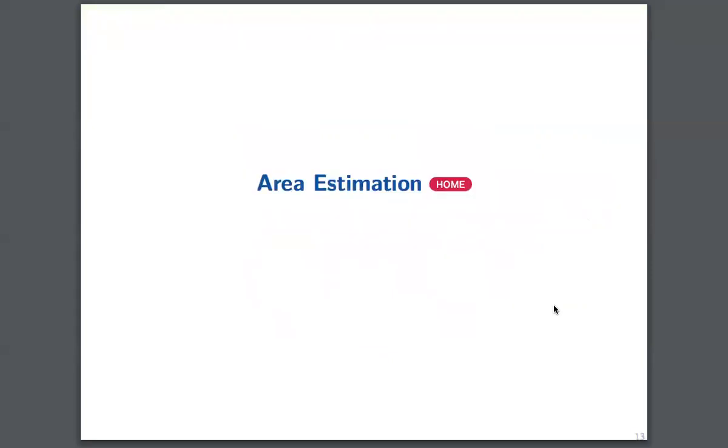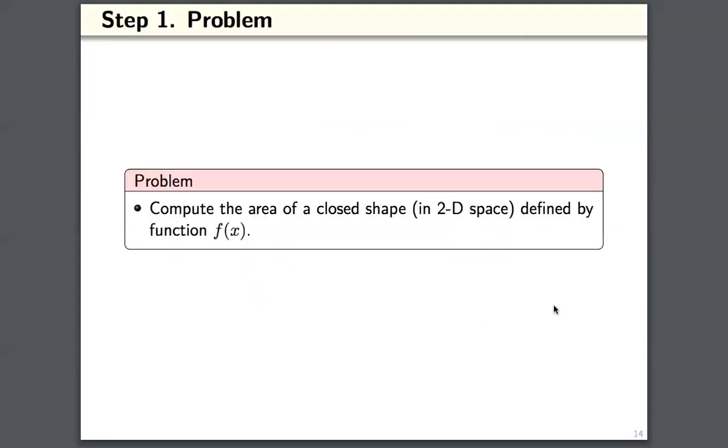Suppose you are given a map, right? A closed function in a 2D plane, a closed shape. I mean, you can generalize it to other dimensions also, but let's consider 2D shapes, a closed shape.